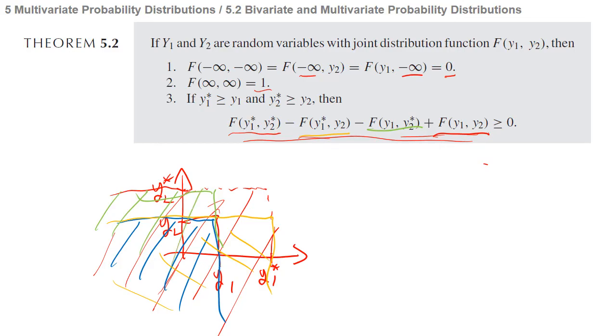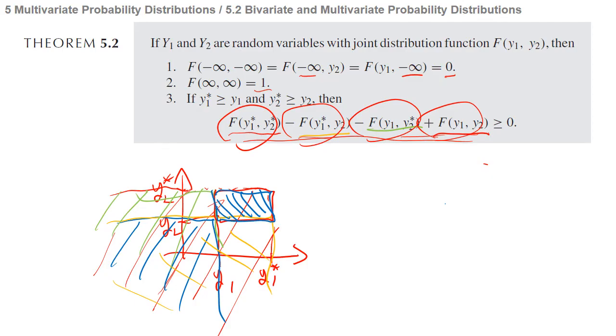So if this one minus this one minus this one plus this one, it is actually a volume defined on this region.